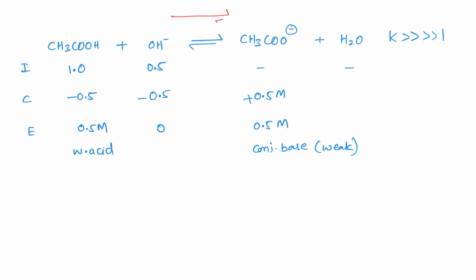Now, let us get back to our problem. After the strong base OH minus reacted with acetic acid, at the end we have appreciable quantities of acetic acid and acetate ion, that is, a weak acid and its conjugate base.